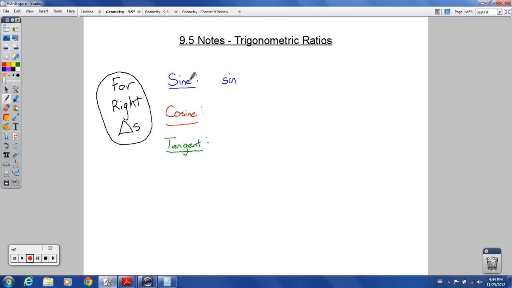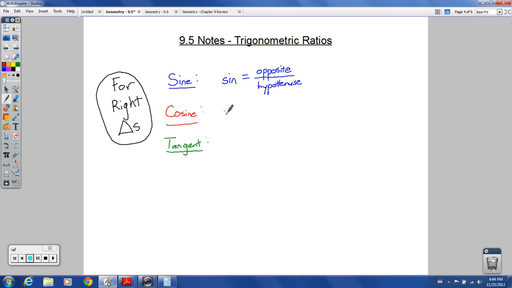So sin is the shorthand for sine. So sin of any angle, or any triangle I should say, is always going to be opposite over hypotenuse, and I'll talk about more what we mean with that in a second. So opposite over hypotenuse, sometimes I'll write that OPP over HYP instead.